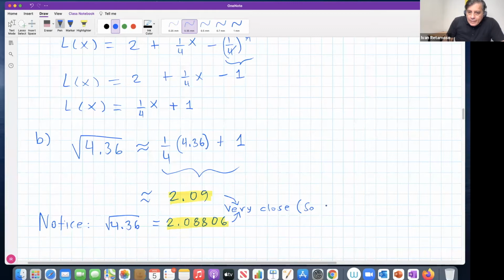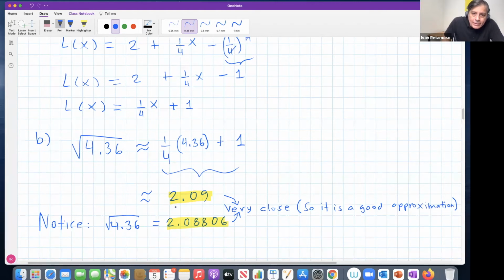So it is a good approximation, right? Very good, guys. Now, I want you to understand this, because sometimes on the exercises, on the worksheets or on the homework, they say approximate the value of the square root of some number using linearization.